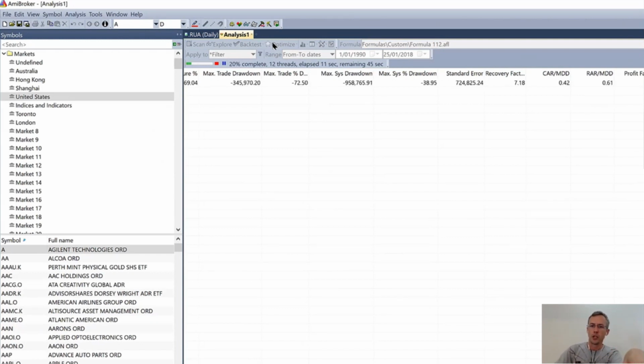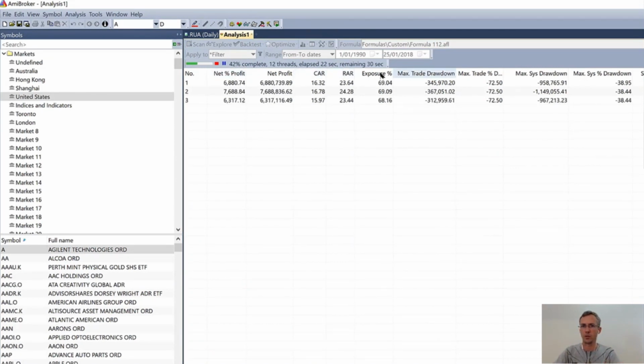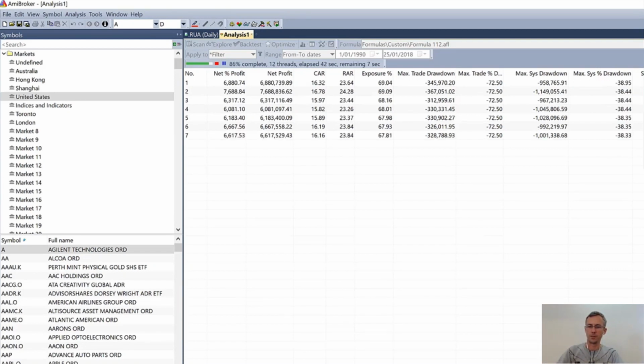Oh, here we go. So the first thing you should notice is that the columns are pretty much the same as in that backtest report that we just saw. Net profit percent, net profit dollars, compound annual return, risk adjusted return, exposure, maximum system drawdown percent. The report for the backtest gives it to you in a vertical format, and when you run an optimization, it gives you all those same numbers in a horizontal format. Does that make sense?